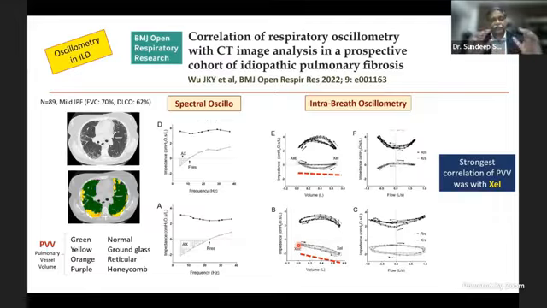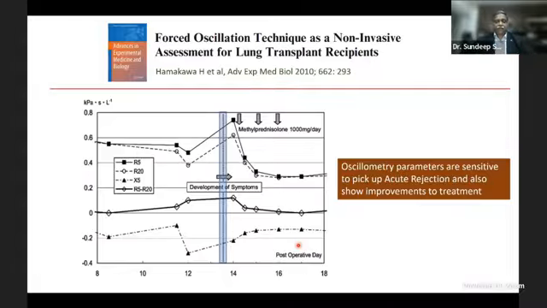So I believe you can diagnose interstitial lung disease early by looking at the reactance parameters. Look at reactance during inspiration, look at reactance during expiration. And I believe that follow-up of these patients, if you started them on an antifibrotic drug, I think X5 is going to be a very good parameter to tell you whether the patient is getting better or not.